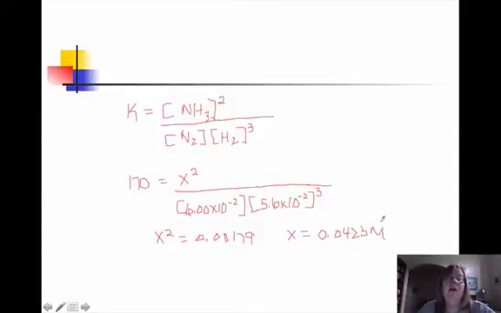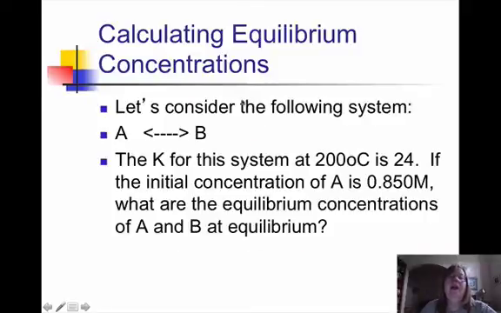Okay, so in the past, they've given you all the concentrations at equilibrium and asked you to solve for K. Here they gave you K, gave you all but one of the concentrations at equilibrium, and you solved for it. So nothing really new. All right, but now we're going to do something a little bit new.